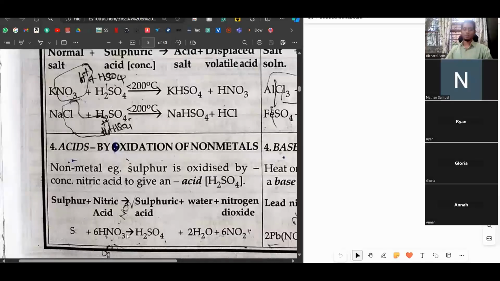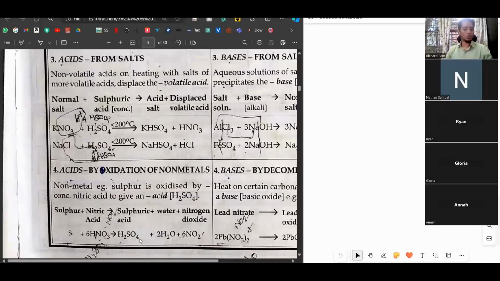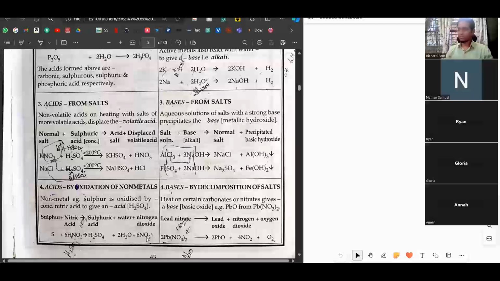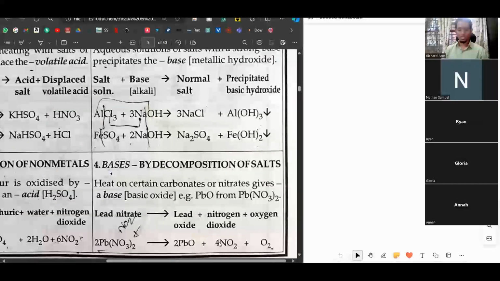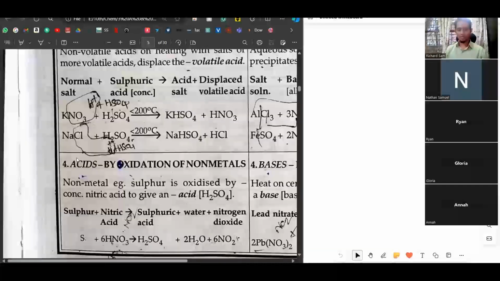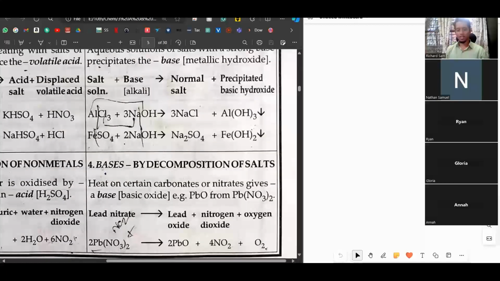Okay, write down this reaction, everyone. Sulfur plus nitric acid forms sulfuric acid plus water plus nitrogen dioxide. Also, before you write, look at the bases side. Okay. By the way, which acid was produced here? Sulfuric acid. On this side, we are producing a base. The base here is lead oxide. How are we producing lead oxide?